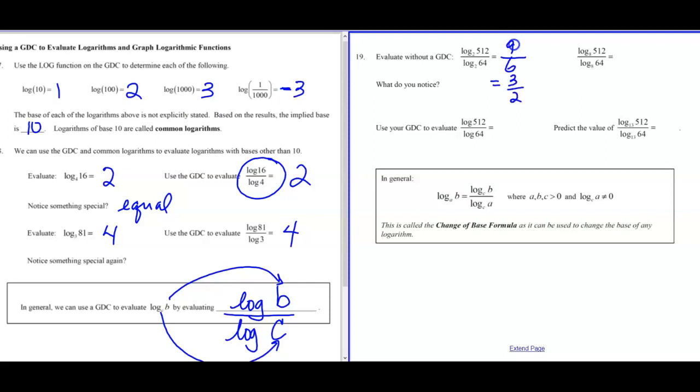That reduces. What's log of 512 base 8? 3. 8 times 8 is 64, times 8 again is 512. 8 squared is 64. So we just changed the base of those. What do you notice? They're the same.